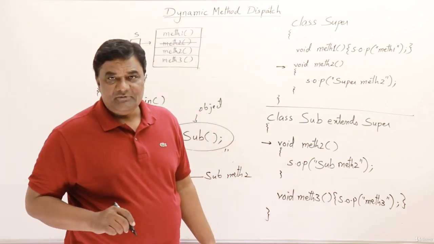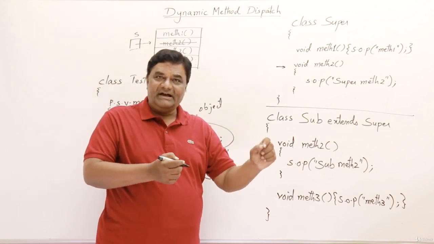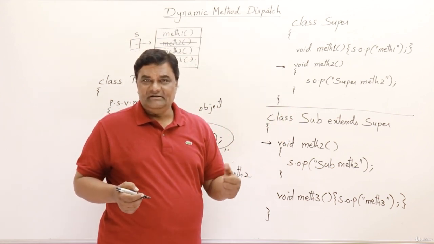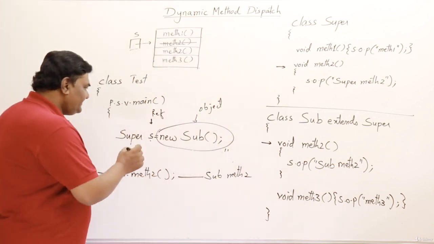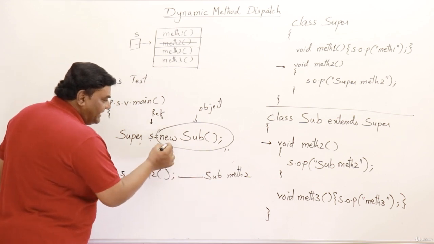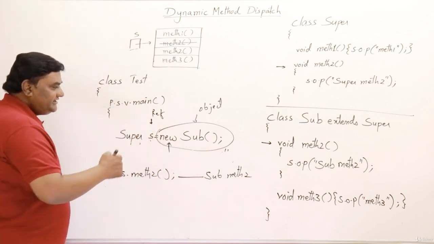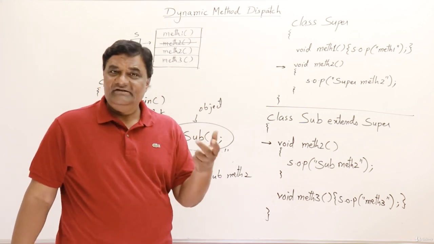And why is it called dynamic method dispatch? Dispatch means calling a method. Dynamically calling a method. See, the reference is of the superclass. But the object, when you use new, is dynamically created in the heap.